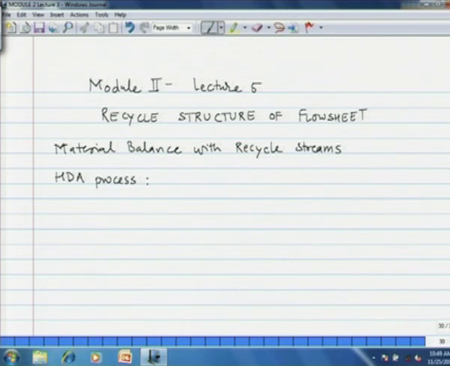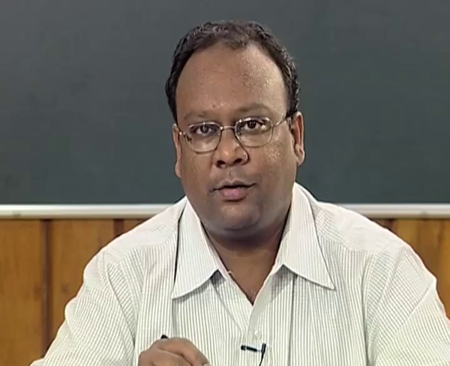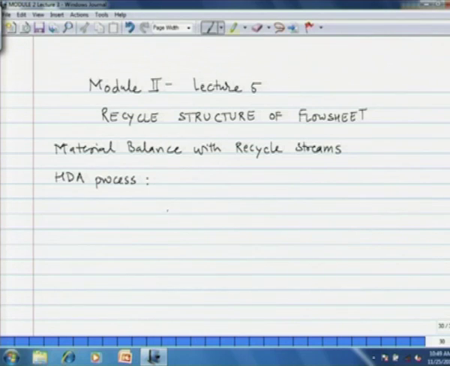Here toluene is reacted with hydrogen to give benzene and methane, and 2 moles of benzene undergo reversible reaction to produce diphenyl and hydrogen. Let us try to draw a simple recycle structure of the process. As I said, we now open the process box and split it into reactor and separation system.